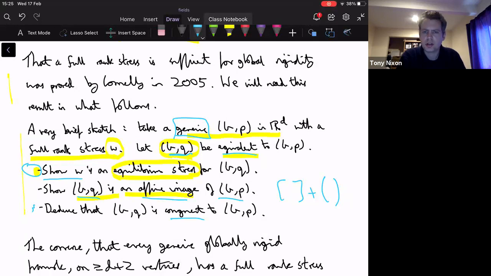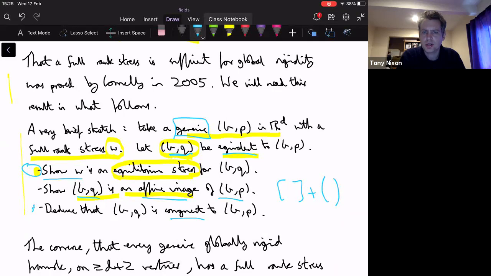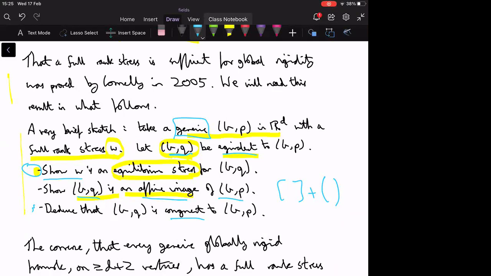So generic allows him to use the sort of Tarski-Seidenberg stuff to get that. Yeah. But do you have a weaker condition than generic that allows you to do the same thing? No, not really. There's a weaker condition, so you can show there's more points that satisfy it, but then you're still stuck in the same problem, really.